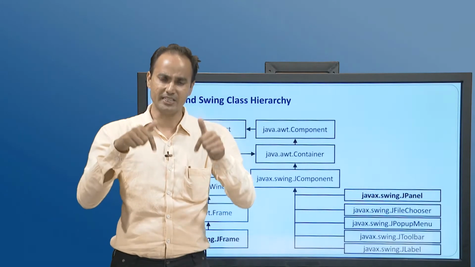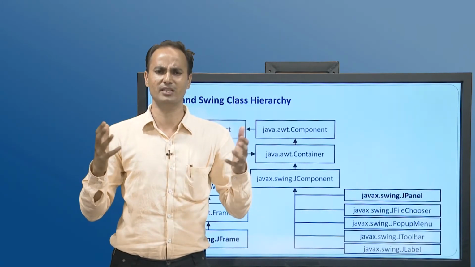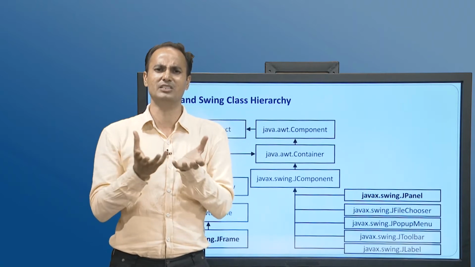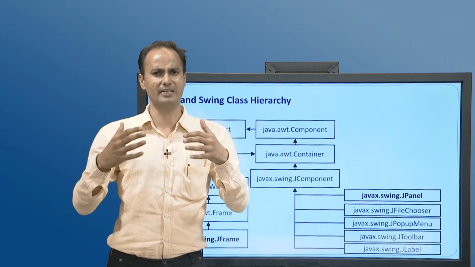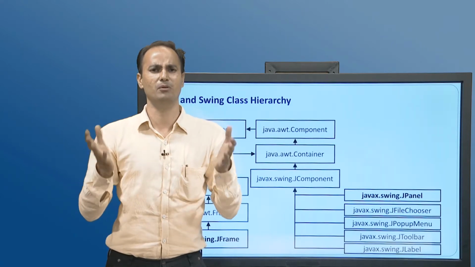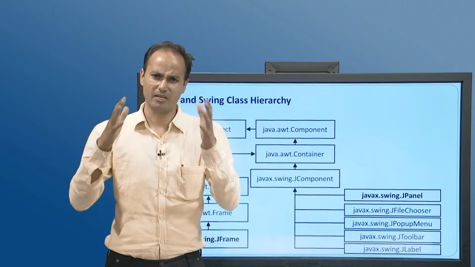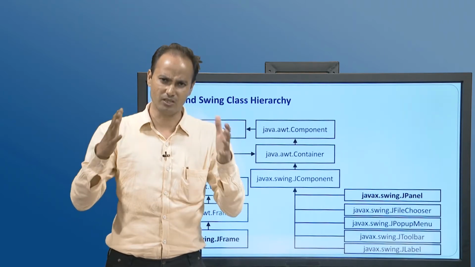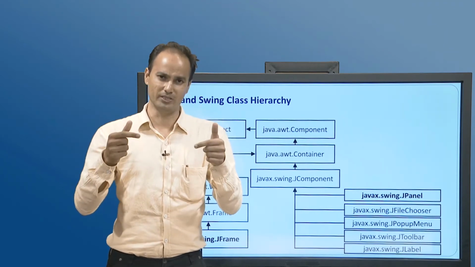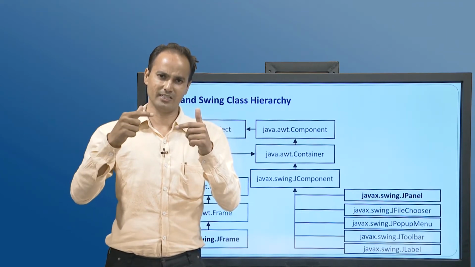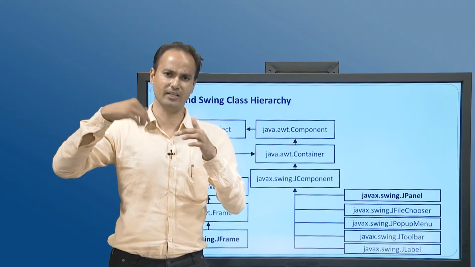Container means something which contains something, and Swing has a number of components. It may be a text field, a button, a checkbox, a radio button, a color chooser, and the list goes on. They are known as components. So generally the Container class extends Component, and Component extends Object, in reverse order.